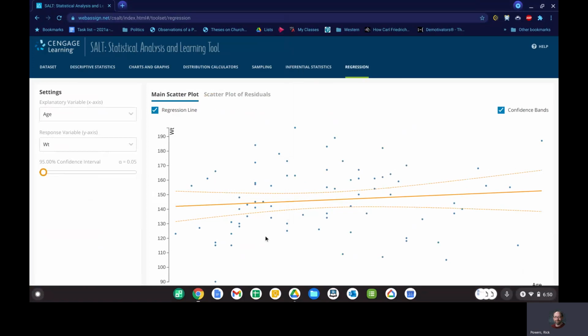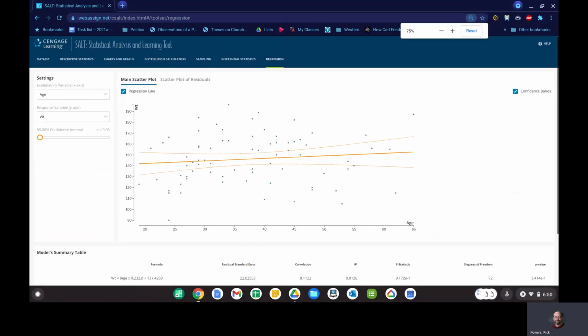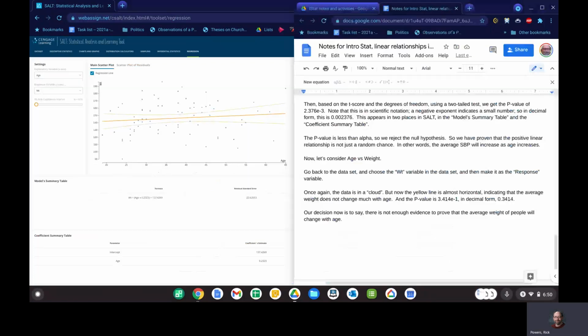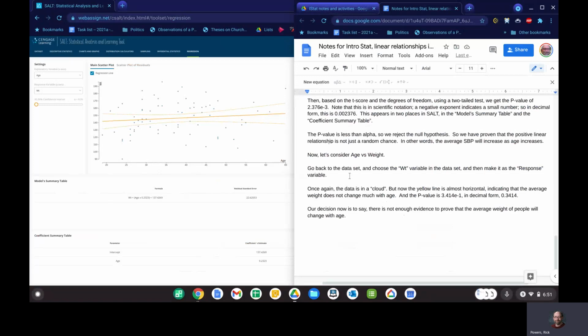But now the yellow line is almost horizontal, indicating the average weight does not change much with age. The p-value is 3.414 e negative 1, in decimal form, 0.3414. Our decision now is to say there is not enough evidence to prove that the average weight of people will change with age.